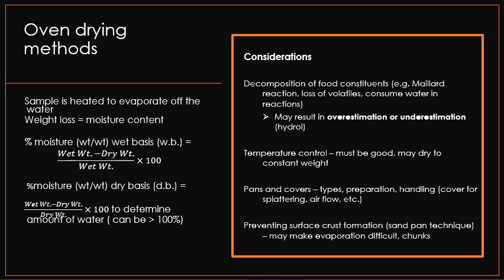Lastly, it's also important to prevent surface crust formation, because if this happens, it makes evaporation difficult. Your sample becomes chunks, so this will prevent the drying process, and you are going to underestimate the actual moisture content.